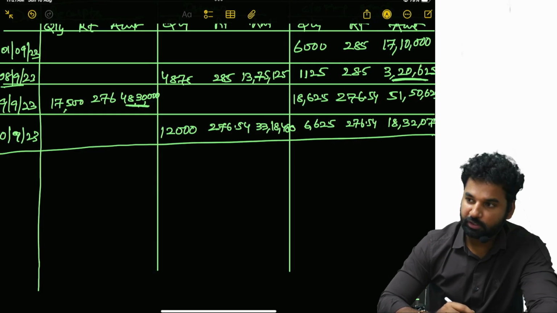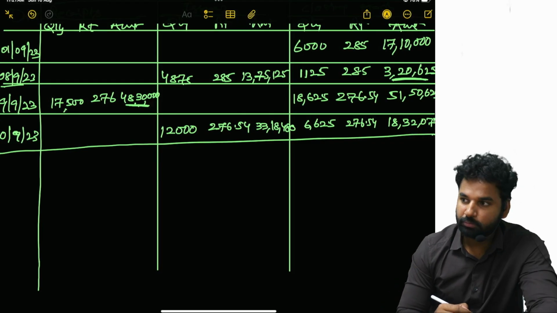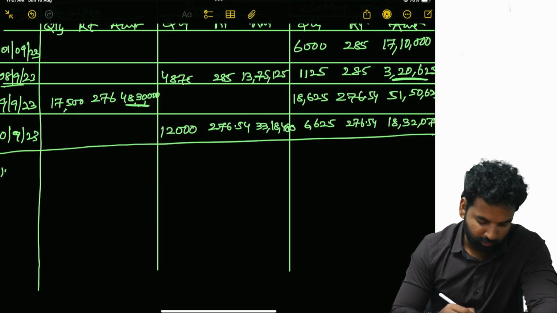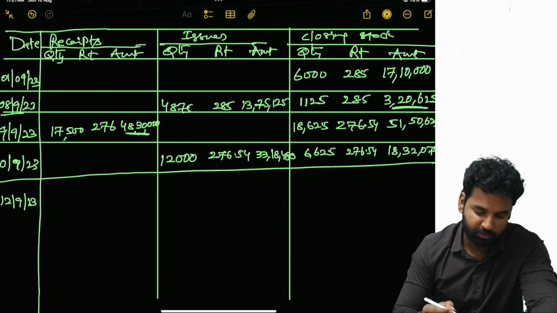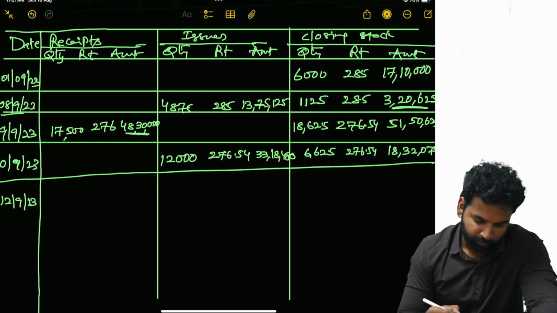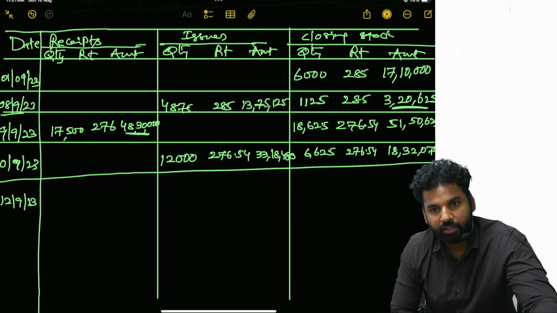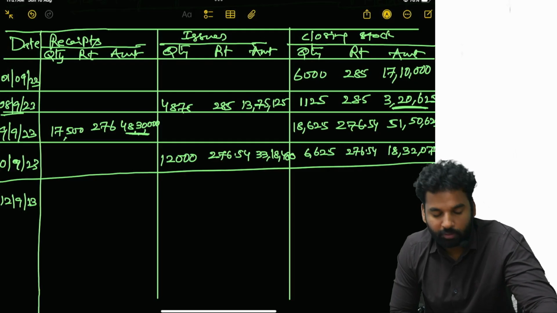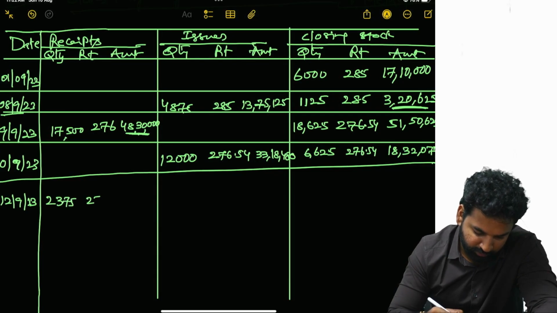What is the next transaction? On 12/9/23 purchaser returns to stores. Returns to stores means what? Receipts. How much? Out of what material it is returned? Out of this 12,000 only it is returned. So how much? 2,375 returned at 276.54.